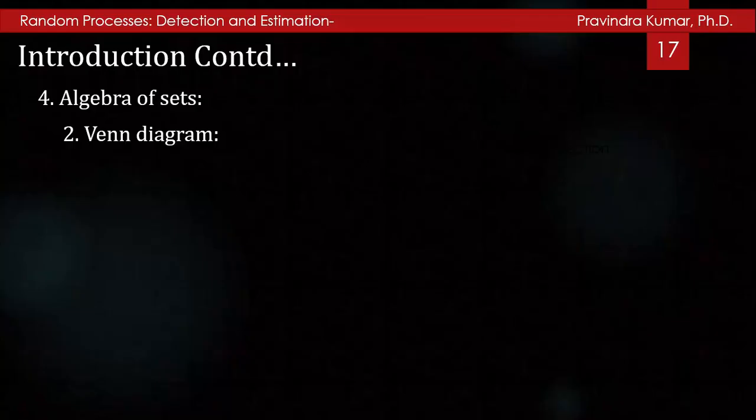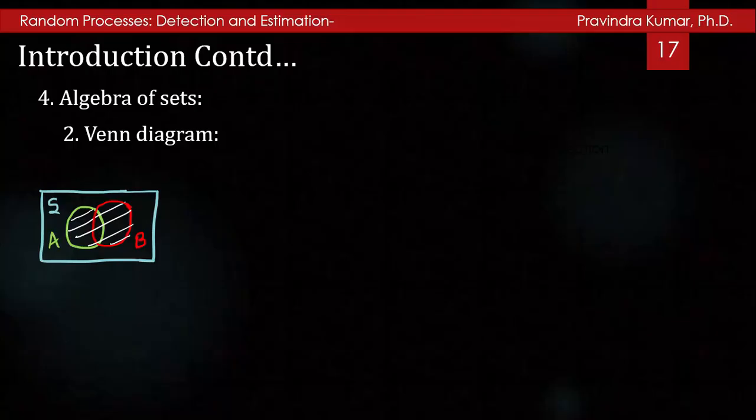In this graphical representation, this area represents the universal set S, this is event A and this is event B. The shaded region will be represented by A union B.